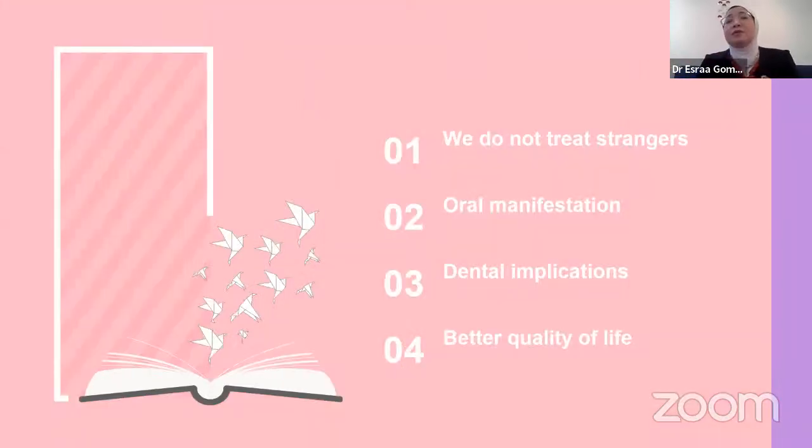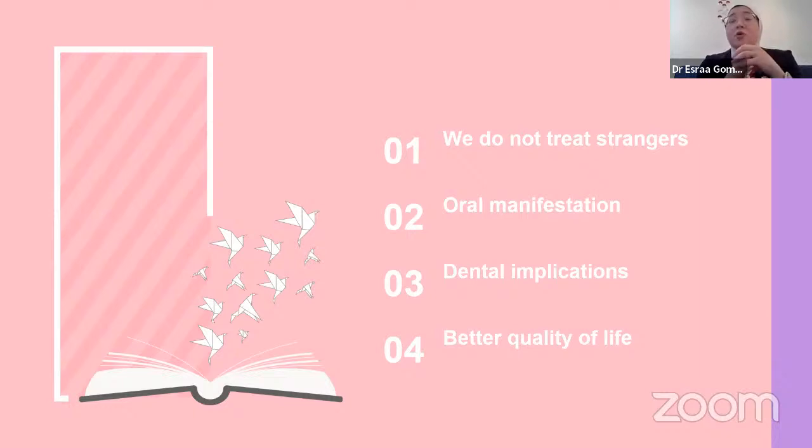What we are going to talk about, first of all, I have to tell you our agenda in this webinar. First of all, we do not treat strangers. So we have to talk about our diabetic patient in some detail to know more about this condition and how to deal with it.